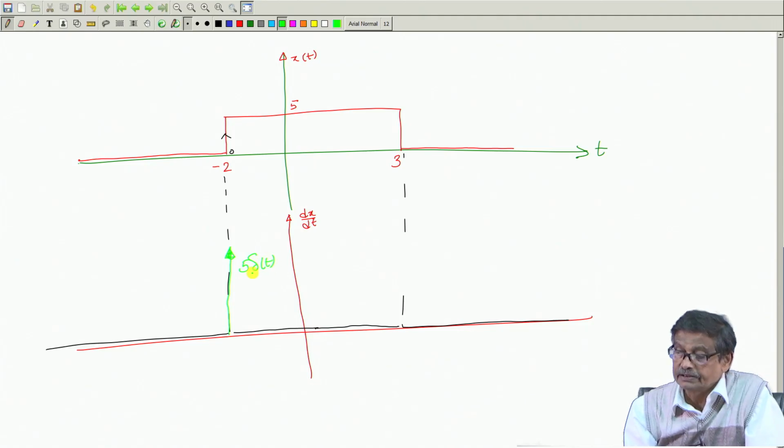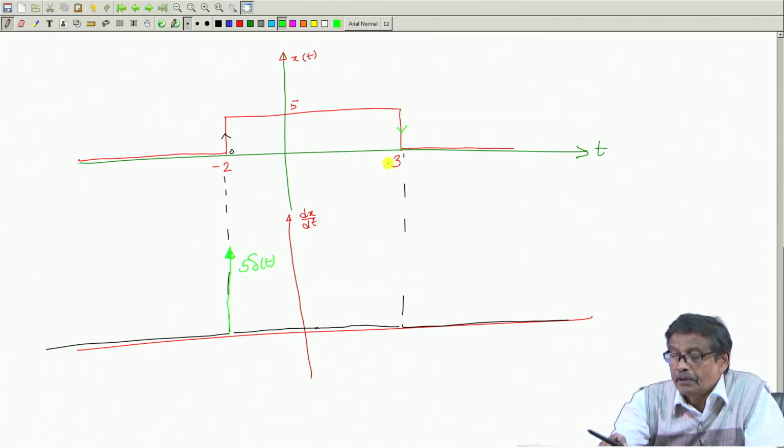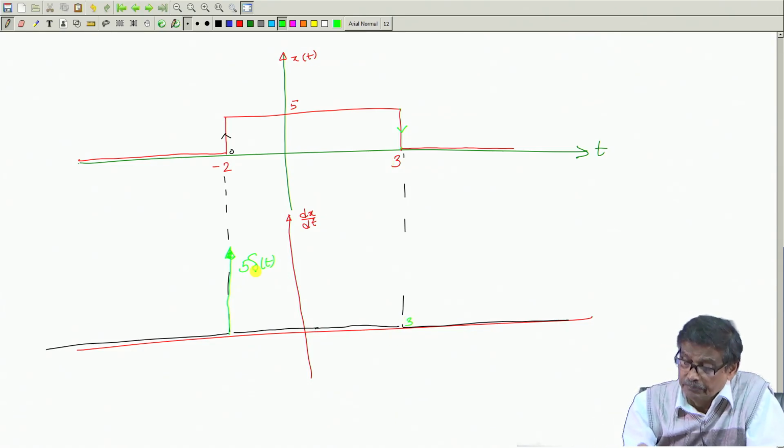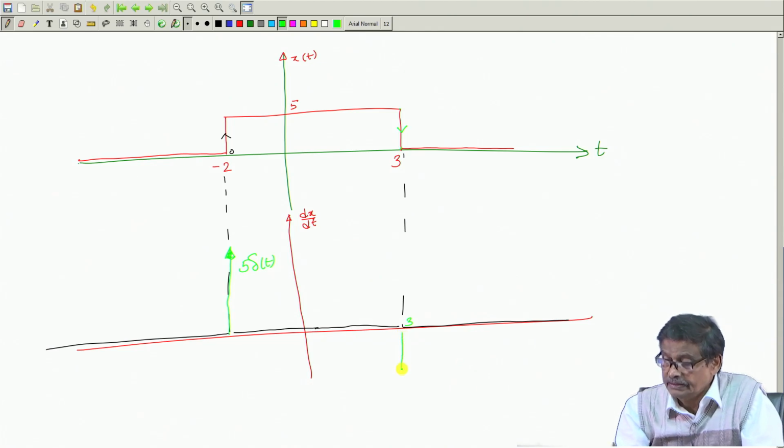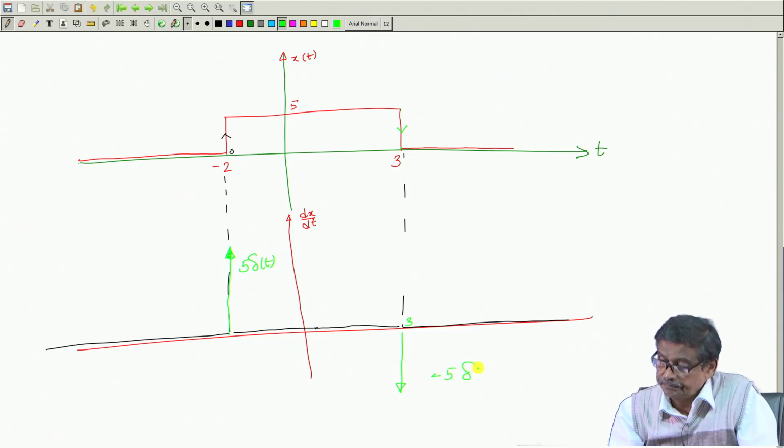You must understand this. Similarly, at t equal to plus 3, there is a discontinuity from plus 5 to 0, and there will be some delta function here, minus 5 delta. I am sorry, do not write it as 5 delta(3).